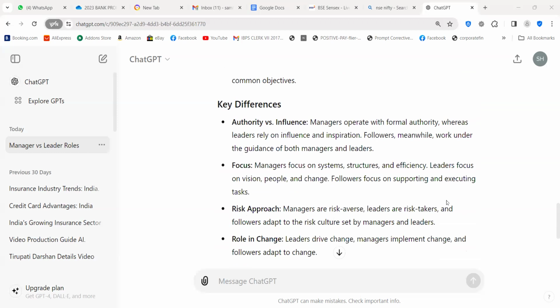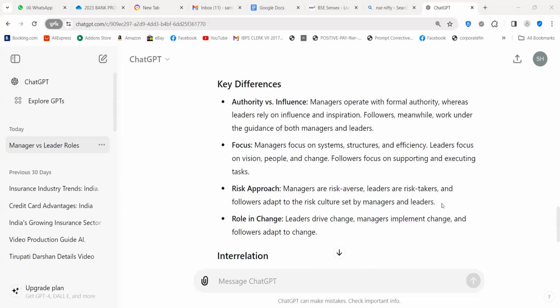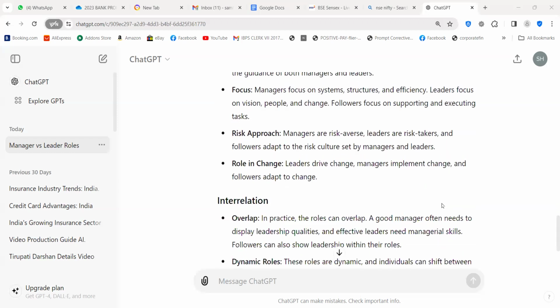Leaders focus on vision, people, and change. Followers focus on supporting and executing tasks. Risk approach: managers are risk averse, leaders are risk takers, and followers adopt the risk culture set by managers and leaders. Do you understand this? Yes, sir. I can follow.